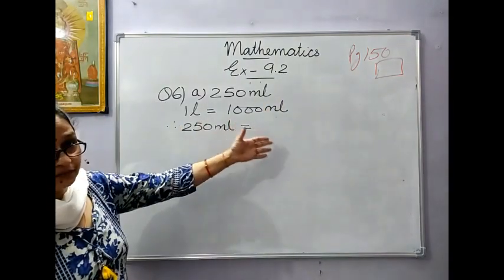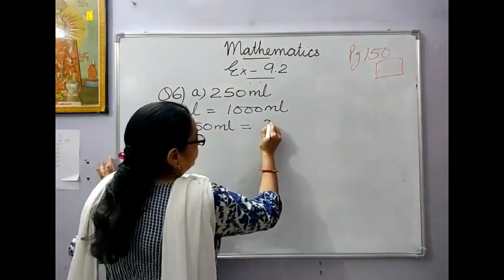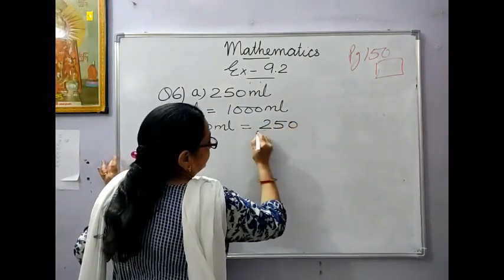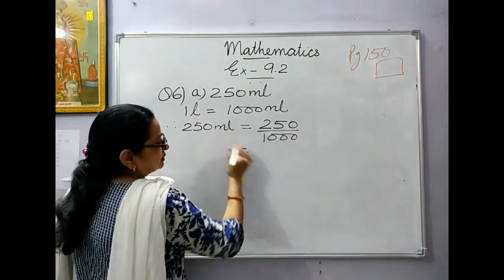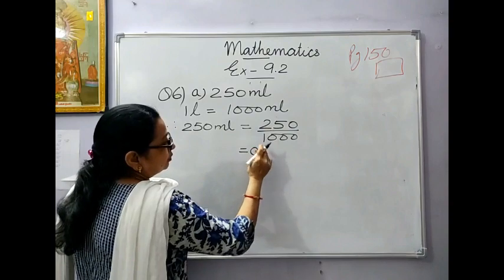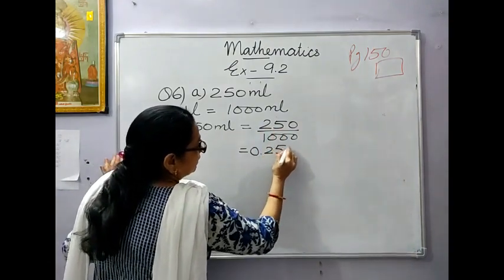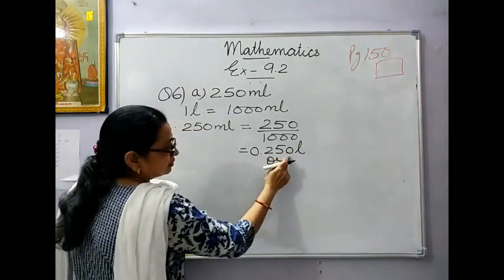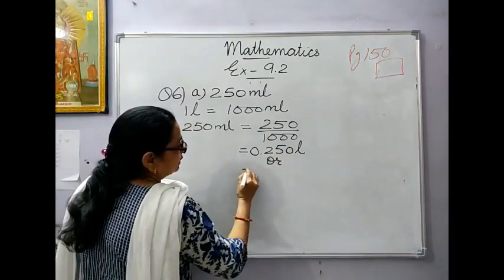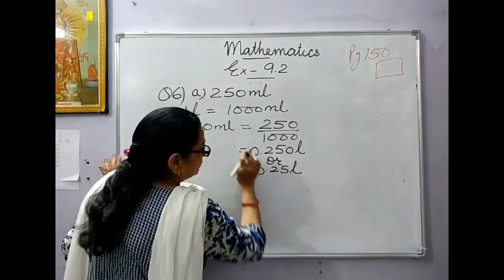So from milliliter we are moving to liters, smaller to higher, so we will divide. Since there is no whole number, we will put 0, and then 1, 2, 3 and 1, 2, 3, so directly it comes out like this. Or as I have told you just now, the 0 over here, we can write 0.25 liter also.